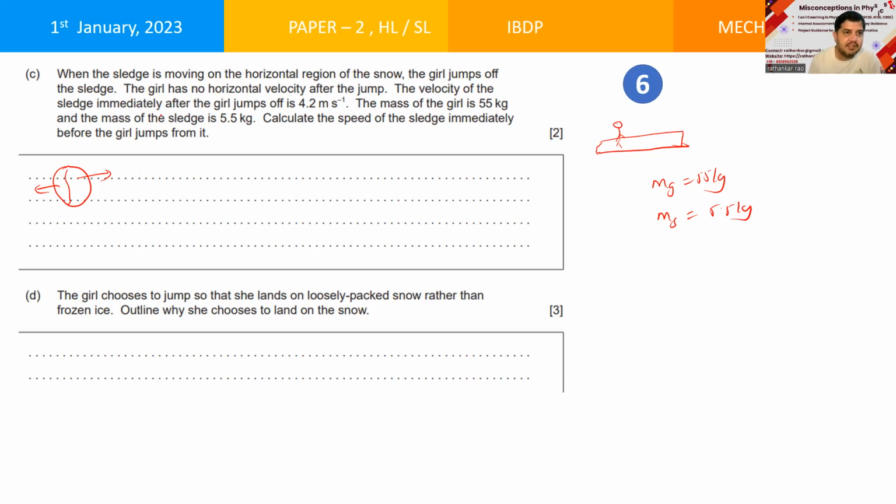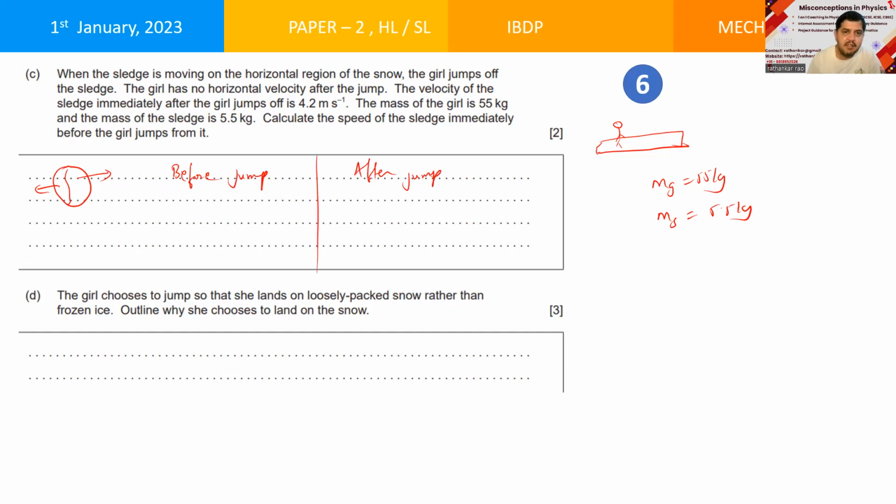Now, the girl has no horizontal velocity after jump. The velocity of the sledge immediately after the girl jumps off is 4.2 meters per second. So let us write: before jumping, after jumping.